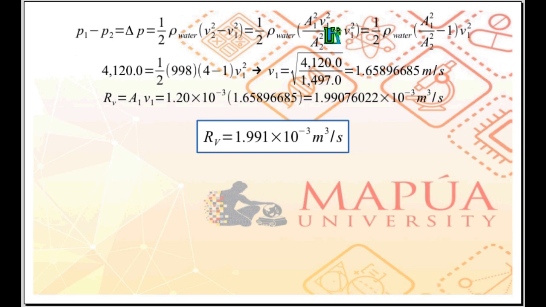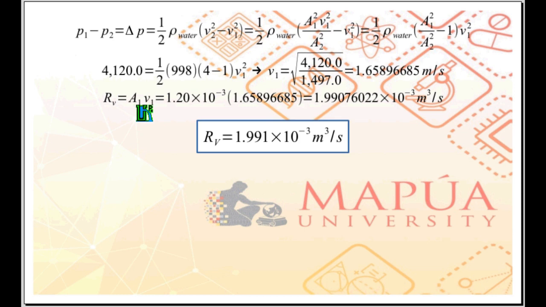So we isolate V1. Plugging in the values, we see that the only unknown is V1. So isolate V1 and we are able to calculate V1 to be 1.65896685 meters per second.